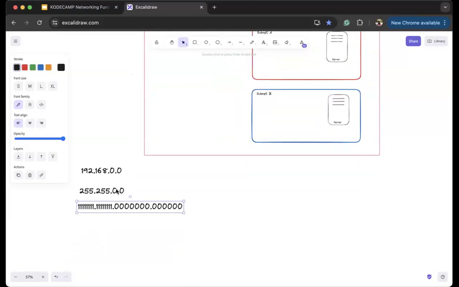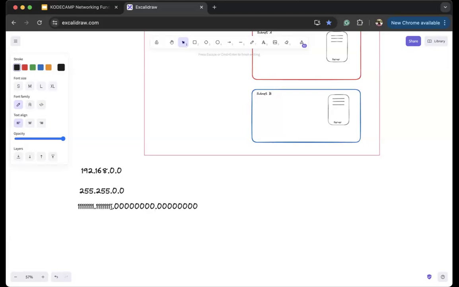That now gives us 1, 2, 3, 4, 5, 6, 7, 8, 9, 10, 11, 12, 13. Is that correct? This is meant to be an octet, an octet with 8 characters: 1, 2, 3, 4, 5, 6, 7, 8.